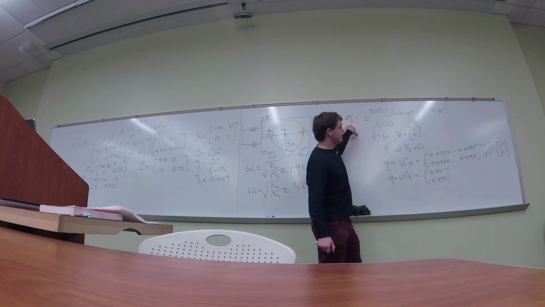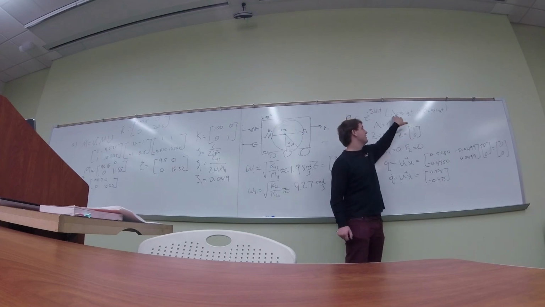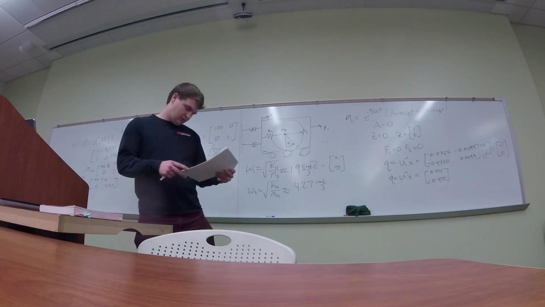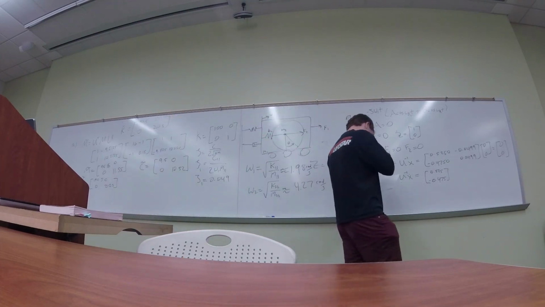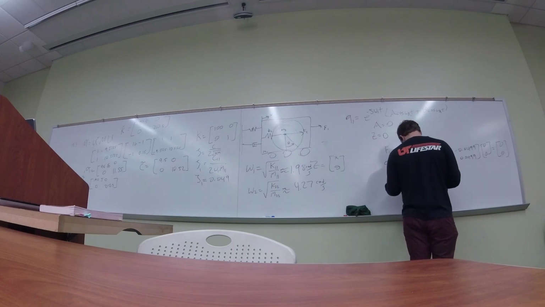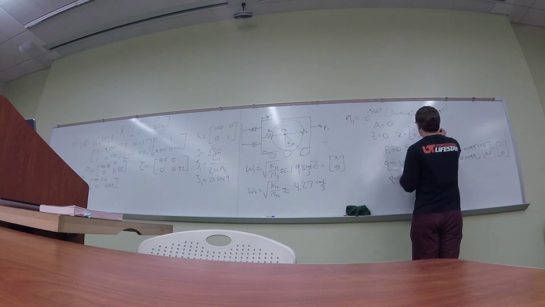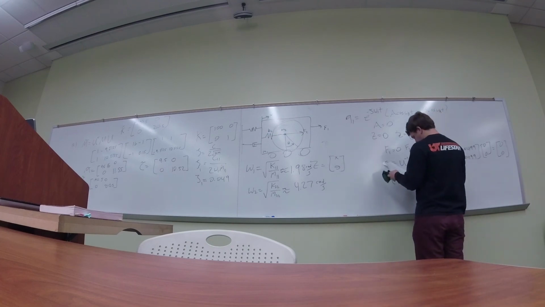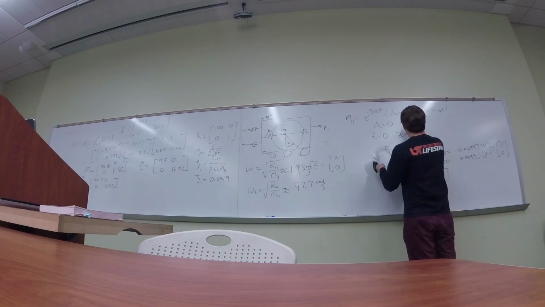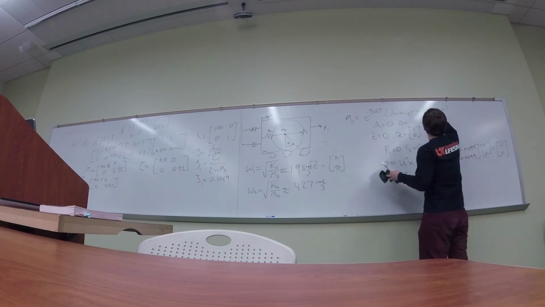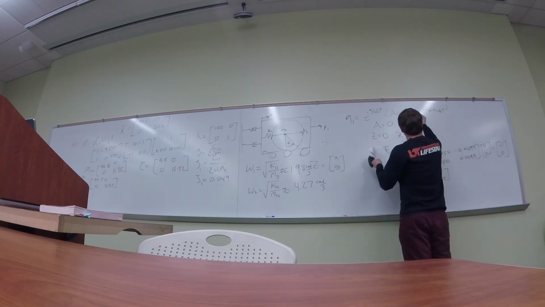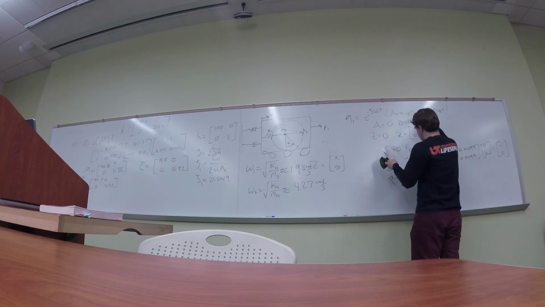You get 0 here, you can plug it in, and you find that a is going to be equal to 0, and b is roughly equal to, I actually don't write down exactly b here, but b, by the way, this is sine, 0.266.